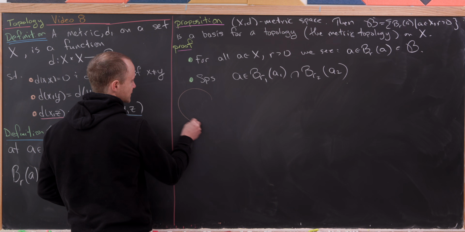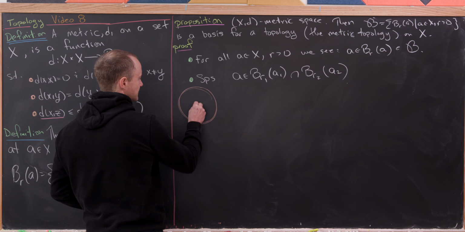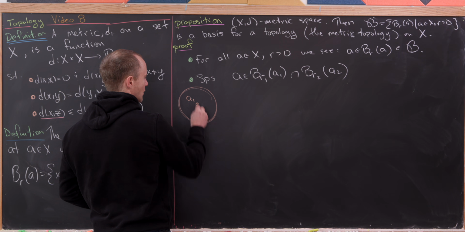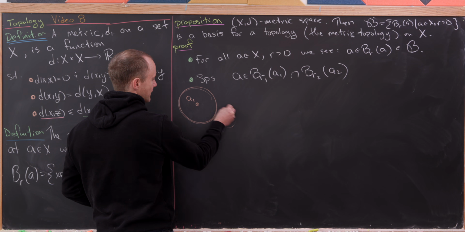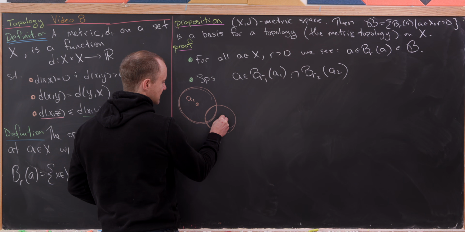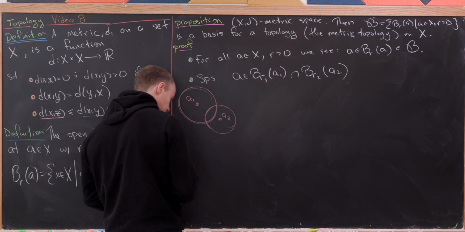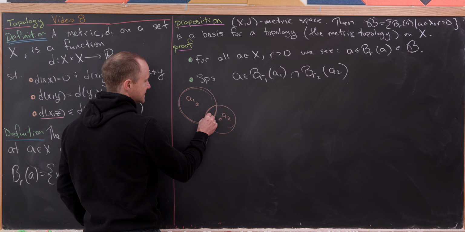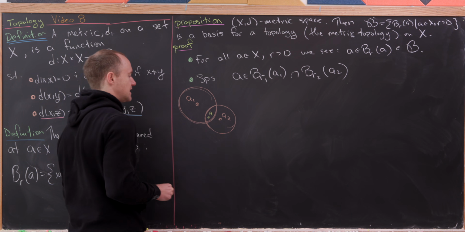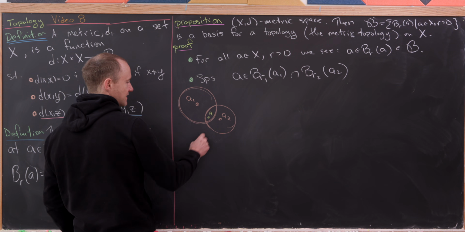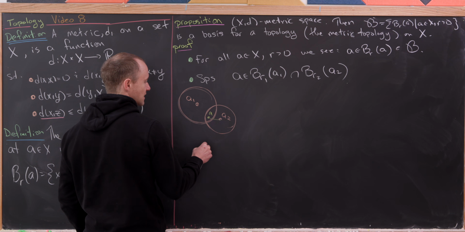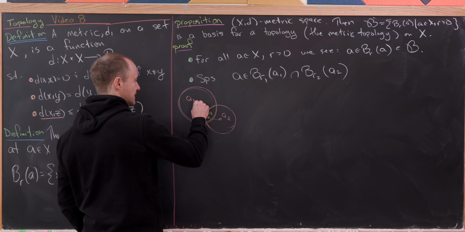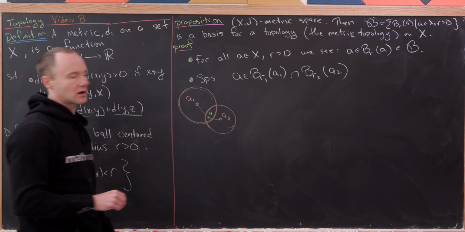So I'm just going to draw a circle here for our balls. Let's say this is the point A1, and then let's say we've got another ball over here, and this is the point A2. Our point A is right here. And notice that this distance right here is going to be less than R1, and this distance right here is going to be less than R2.